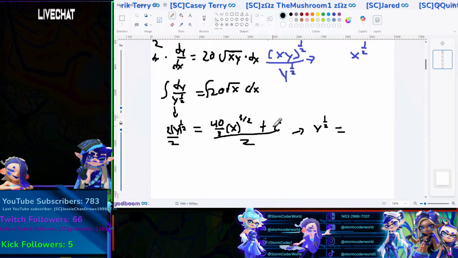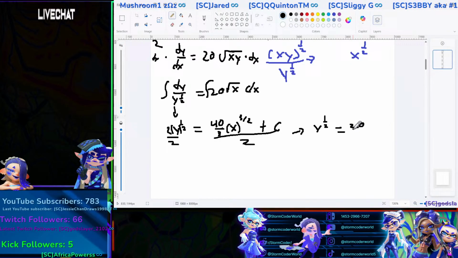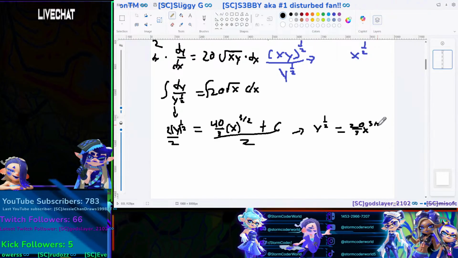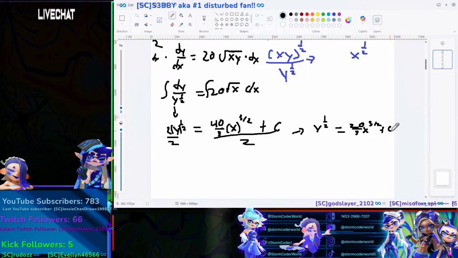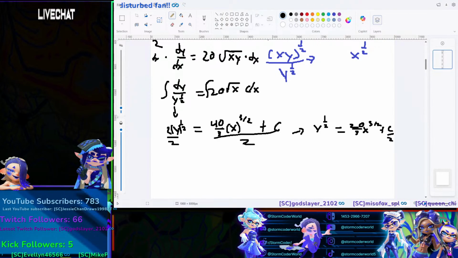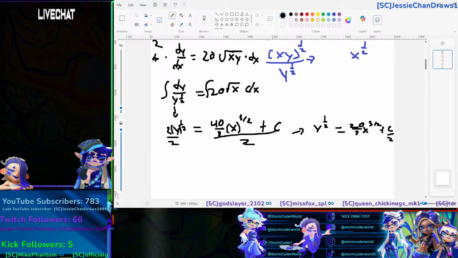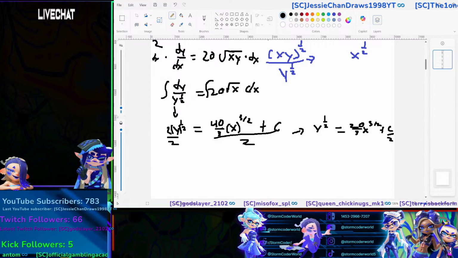Yes, that simplifies to 20 over 3, and then this would just be c over 2. So 20 over 3 x to the 3/2 plus c over 2. Now, I'm not 100% sure if that is correct. It should be somewhat close to being correct, though.